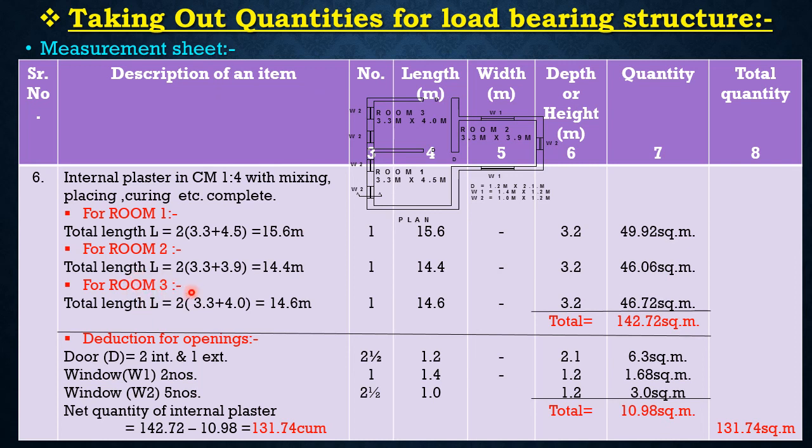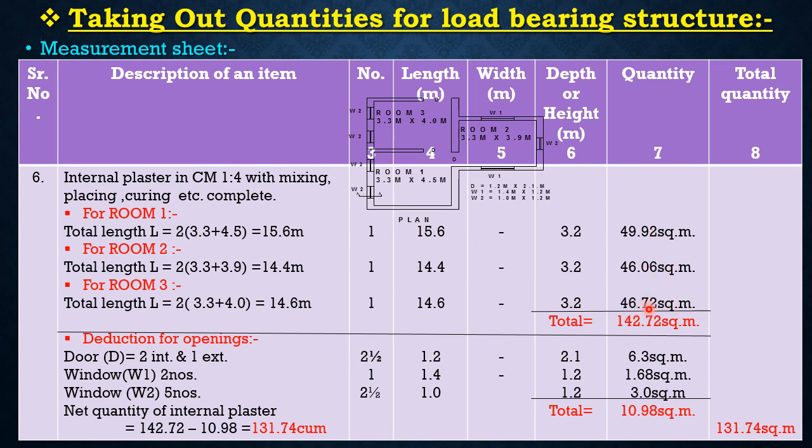Then for room number 3, the perimeter is 2 into (3.3 plus 4) is equal to 14.6. Size is 3.3 by 4 meter. Then room number 3 is 1, perimeter is 14.6, then height is 3.2, then quantity is 46.72 square meter.